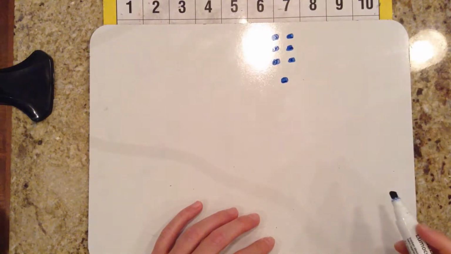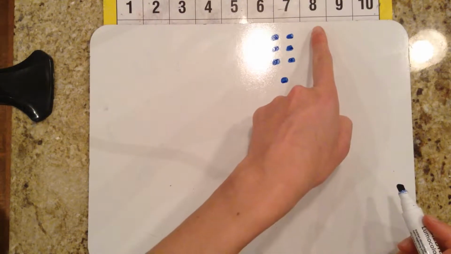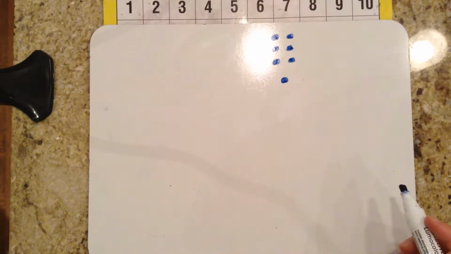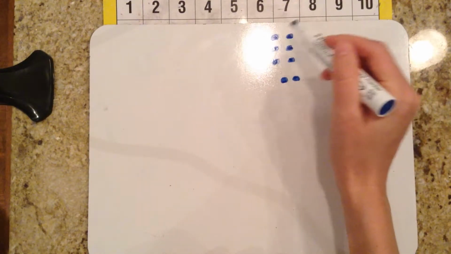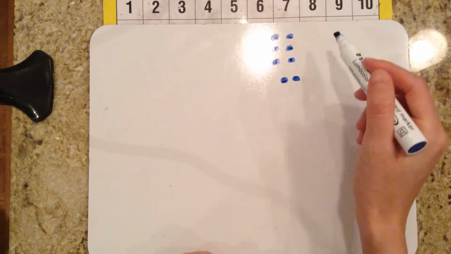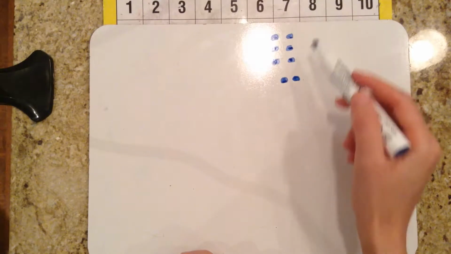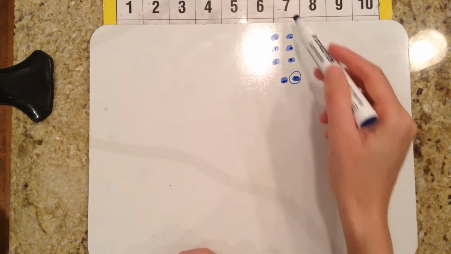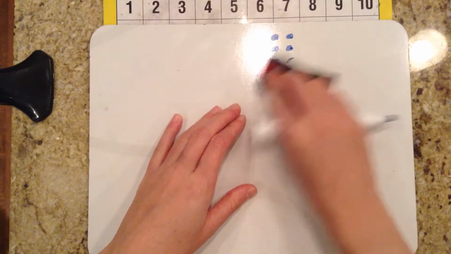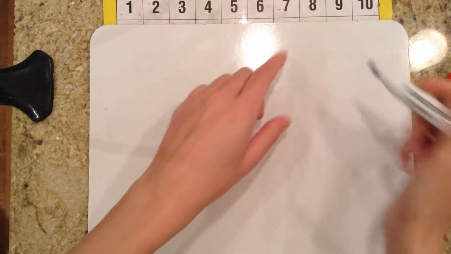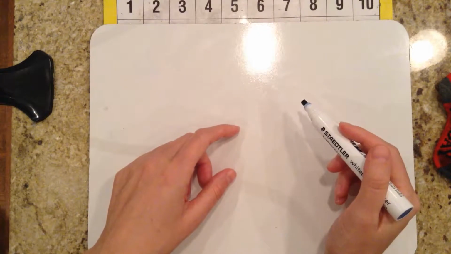There's 7 dots. And then think about what would happen if you put one more dot. 1, 2, 3, 4, 5, 6, 7, 8. So the number 8 has one more dot compared to the number 7. When you count by ones, every number you say is one bigger compared to the last one.